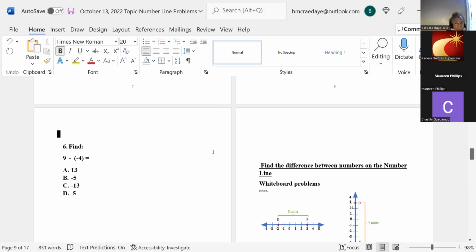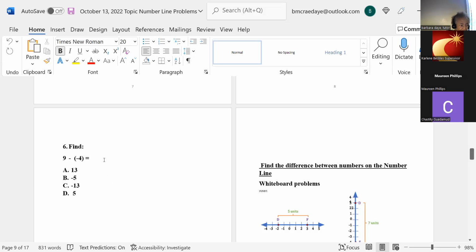So that's true of subtraction. The number you're subtracting, change the sign of it, and then add. So if you do that, what do you get? The minus becomes a +4. And what's 9 plus 4, Maureen? 9 plus 4? Oh, plus 13.